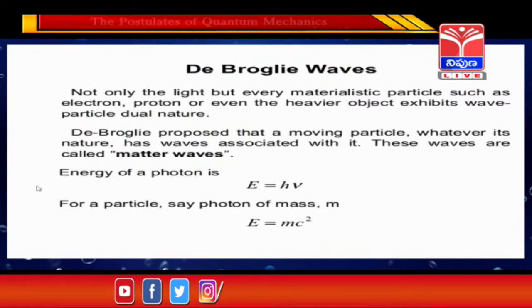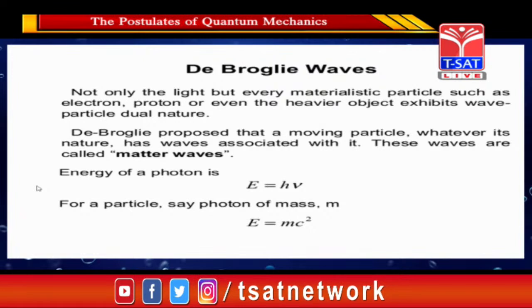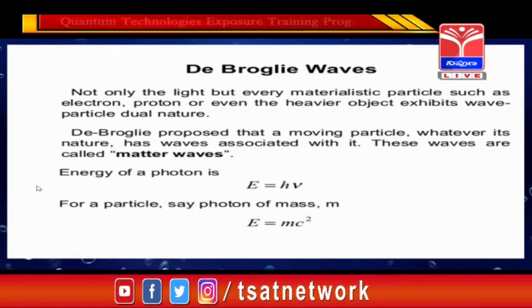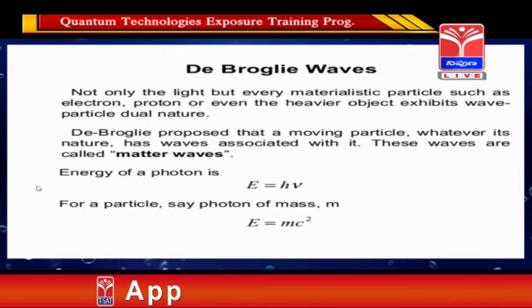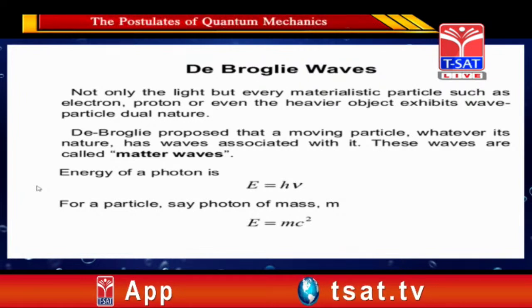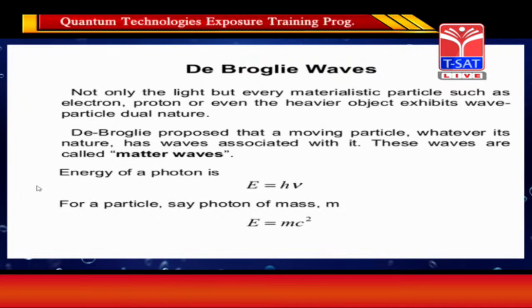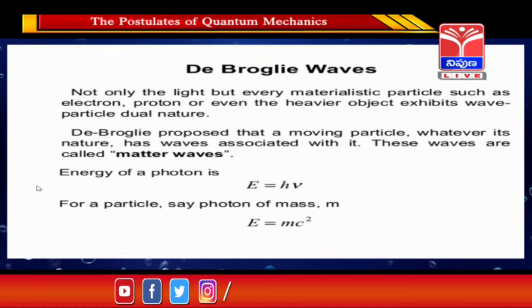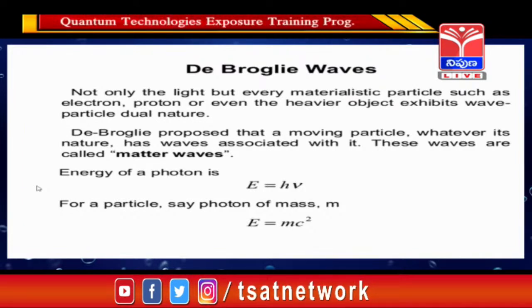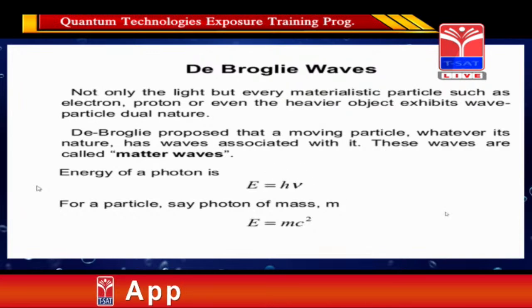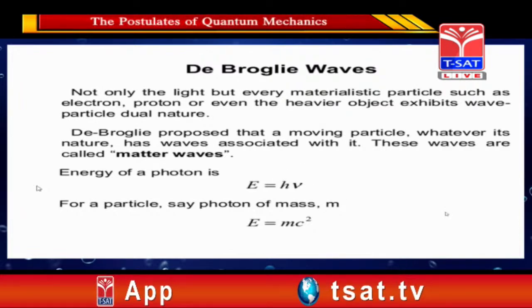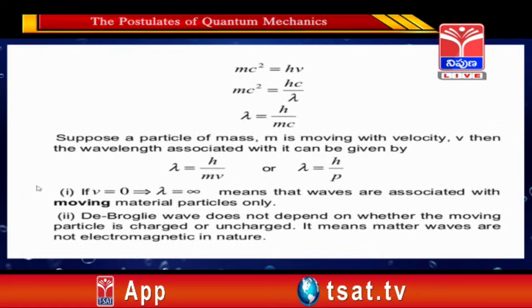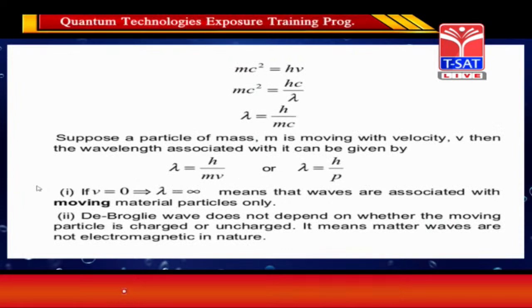This is Planck's law. And we know this famous, probably the most famous equation in physics, E equals mc square. Here c is of course the speed of light, E is energy, and nu is the frequency. If we equate them both, we have mc square equals h nu.